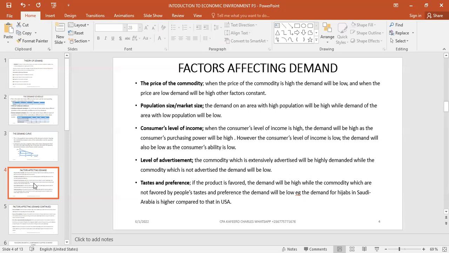When the number of people who are going to be buying the items is many, we expect them to be buying a lot of items from the market, as compared to when the number of people is very few, which may lead to a low demand of the quantity.